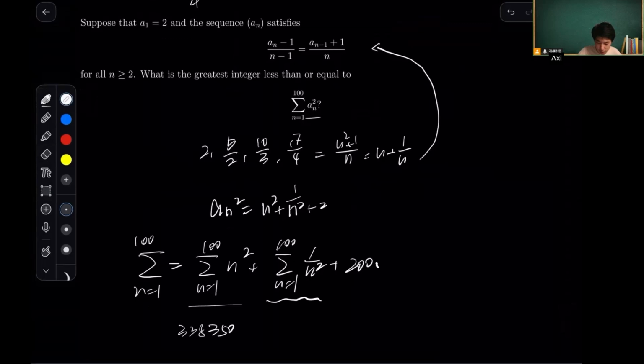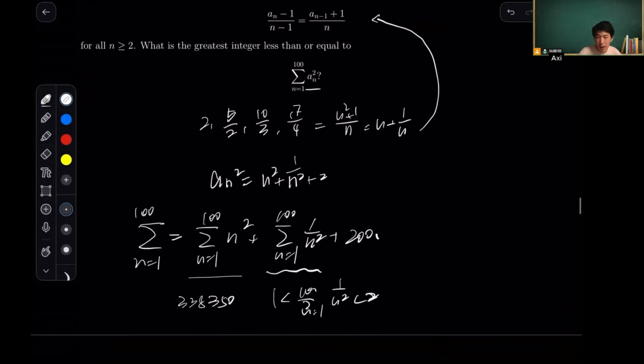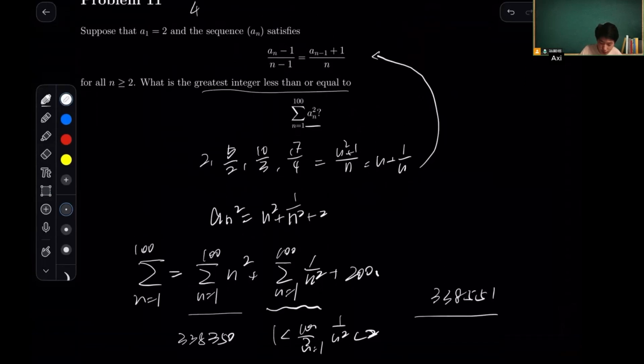And we know this guy is between 1 and 2, from previous analysis. So the answer is simply 338551, because this is the greatest integer less than or equal to this. It cannot be 338552, because even if we reach infinity for n, it is still less than 2.